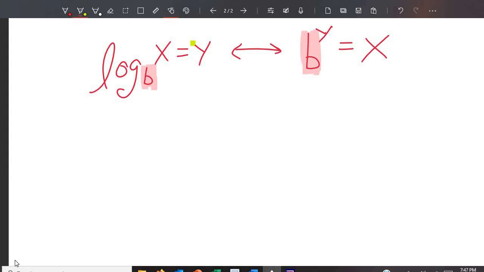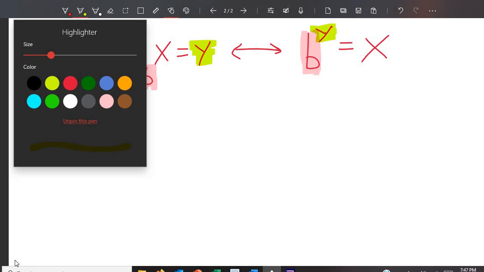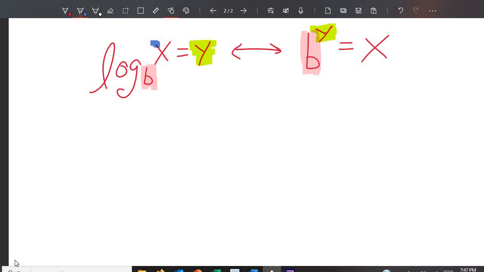The number on the opposite side of the logarithm is the exponent of the exponential. I don't know what to call this one, but I usually just call it the answer. The answer is what this is equal to. The base, the exponent on the other side, and x is whatever the answer is.